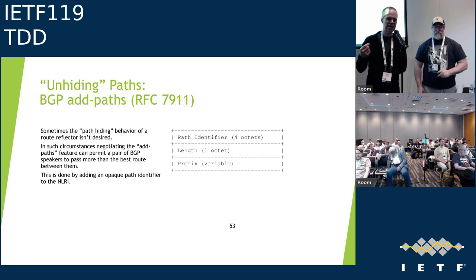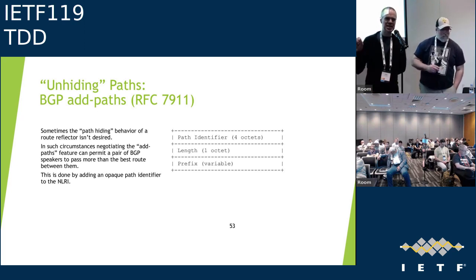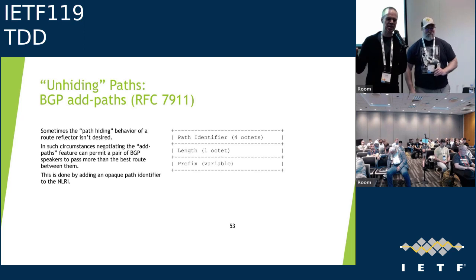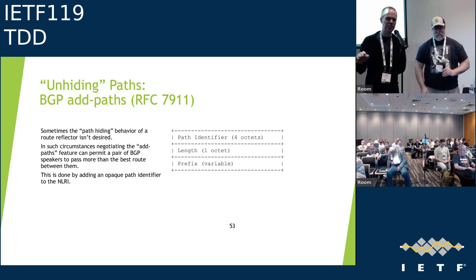So then we had to invent a way to undo some of that. And it's this additional feature called add paths, which essentially, at a very high level, remember the NLRI is the key that we use on our database. It basically just extends that key with a thing called a path identifier, which is an opaque number.